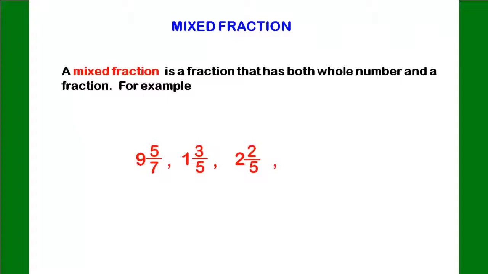And a final example is 4 whole number 1 over 2. 4 is the whole number, 1 is the numerator, and the last number, which is 2, is the denominator. This can also be pronounced as 4 and a half. In the next lesson, we will learn how to convert one type of fraction to another.